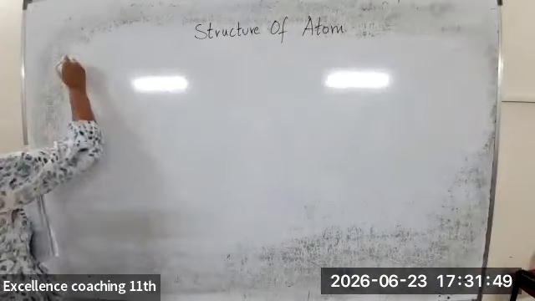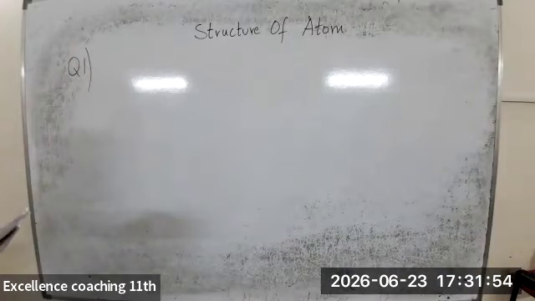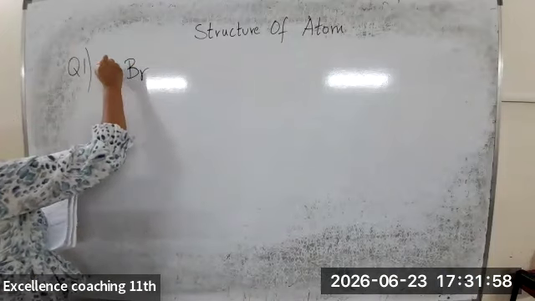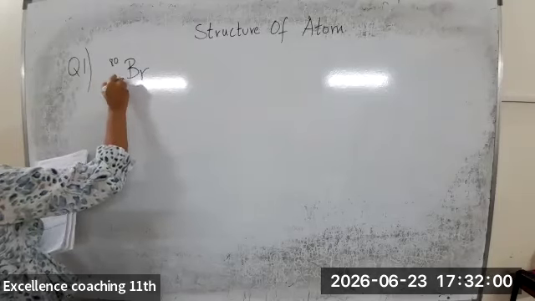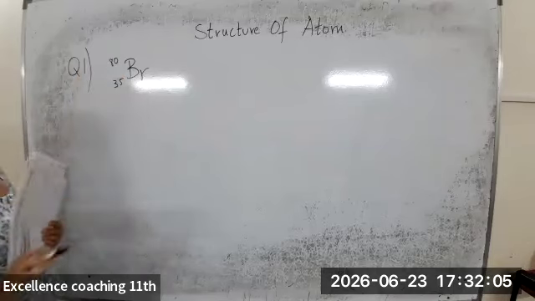How will we solve this? What are we given? We are given bromine, 80 and 35. So what is 80?